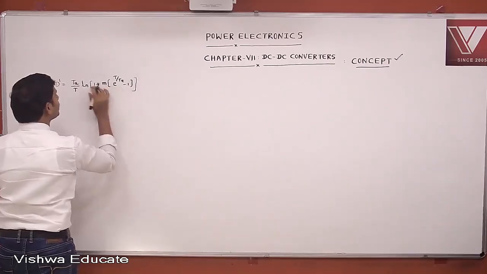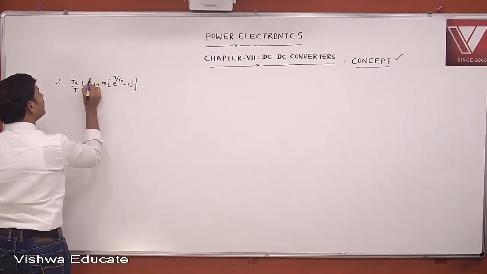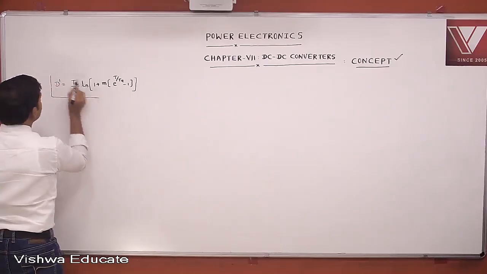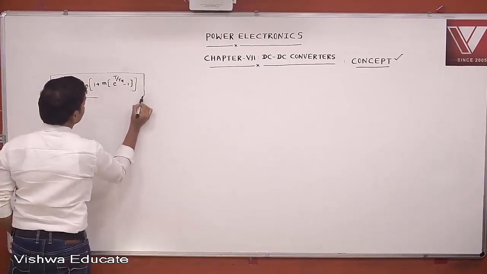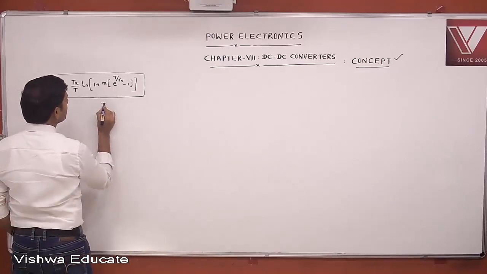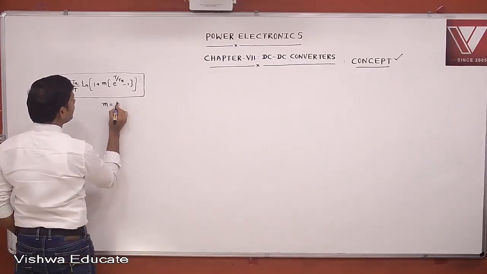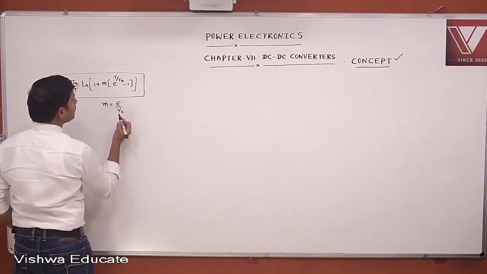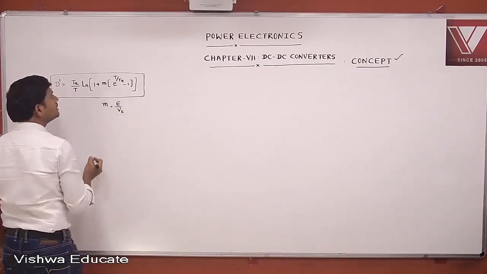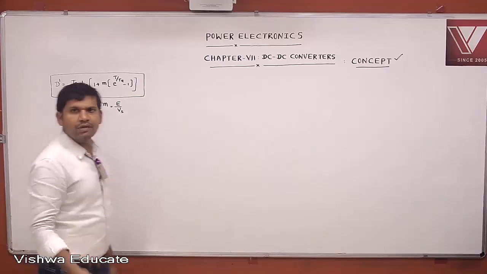This formula you know. This is the minimum duty cycle at which current is just continuous. What is m here? m equals E by Vs, where E is the battery voltage and Vs is the supply voltage. You take Vs or VDC.